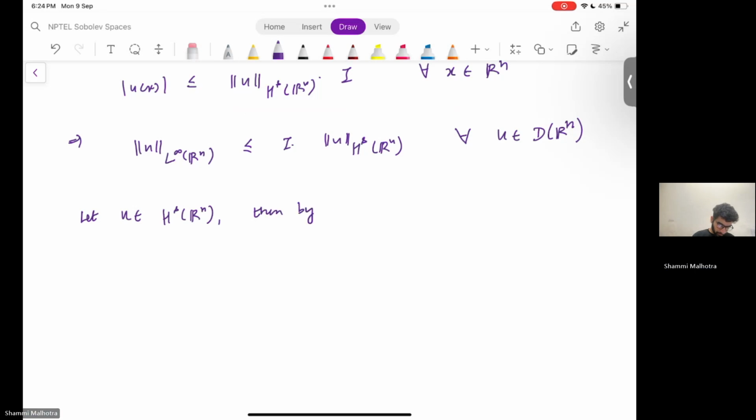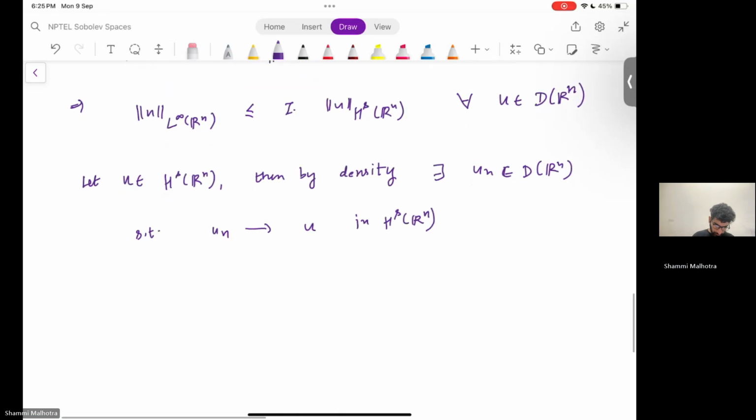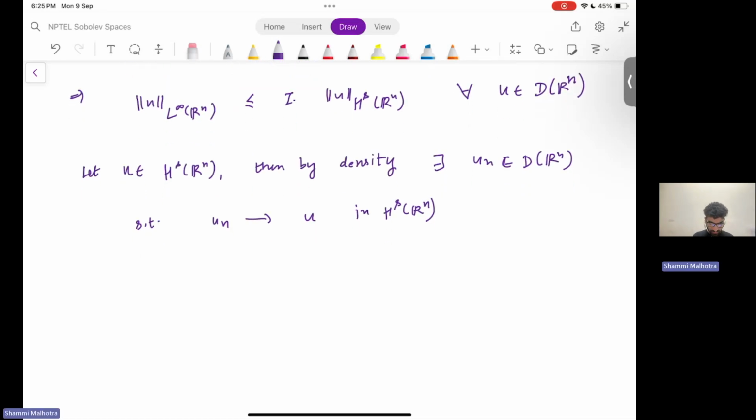Then by density, there exists a sequence u_n in D(R^n) such that u_n converges to u in H^s(R^n).